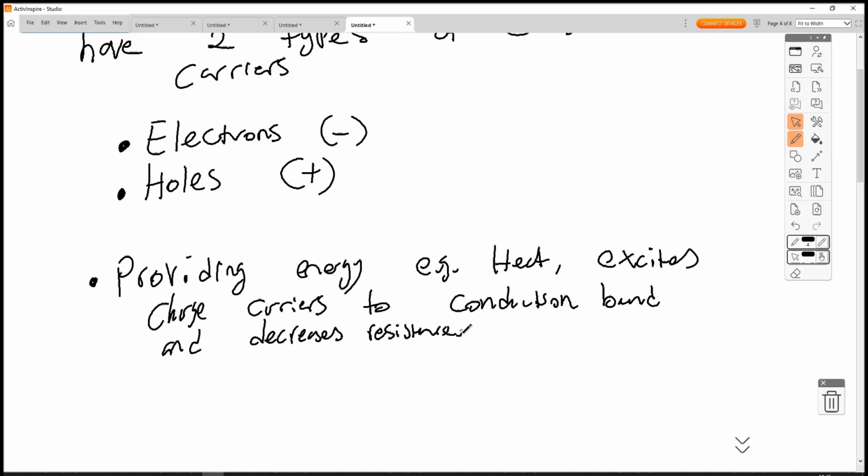So the summary is, a conductor, e.g. a metal, has more resistance when it's hot. A semiconductor has more resistance when it's cold.